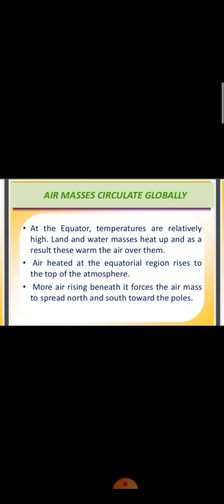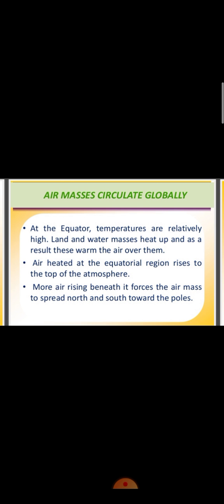See, as you had already seen in the video which I showed you in Zoom class, land and water, these two are the part of this earth, and air also moves over these two areas.